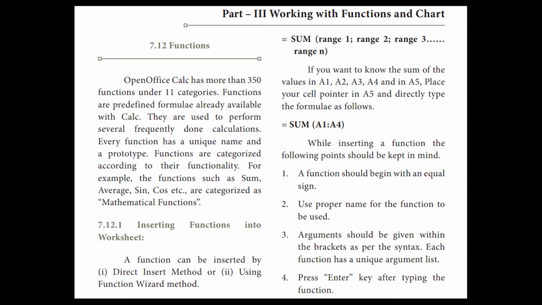Okay, if you are giving some data and you are selecting the data and inserting a chart, it will ask you if you need a column chart or bar chart or pie chart, area chart, line chart, XY, or bubble chart or net chart or stock chart or column and line, whatever chart you need, you can just select and you will get the chart within a few seconds displayed on the screen.